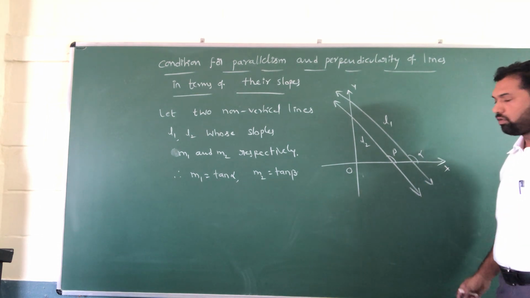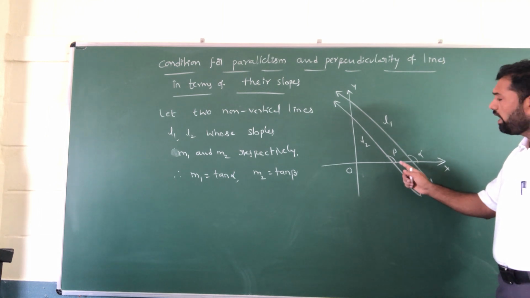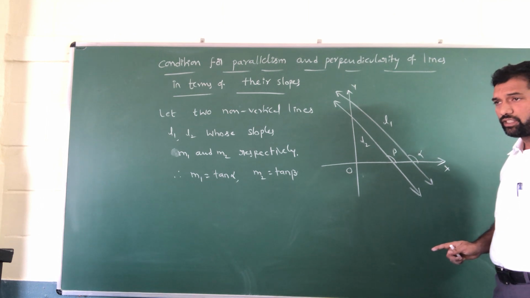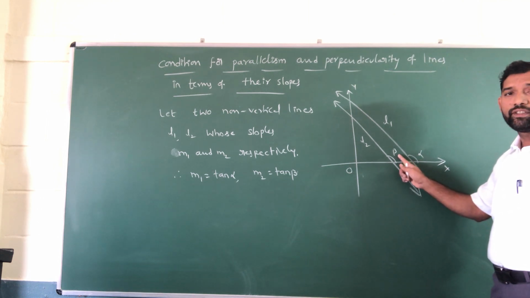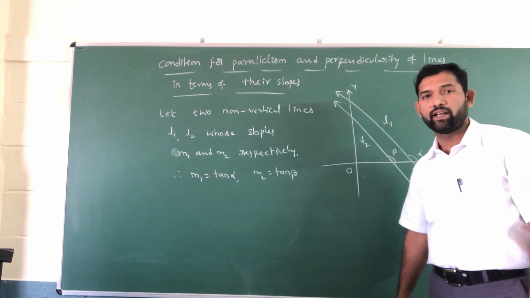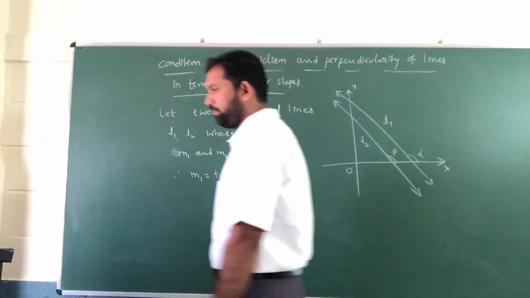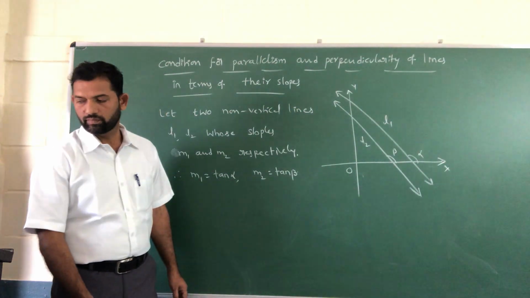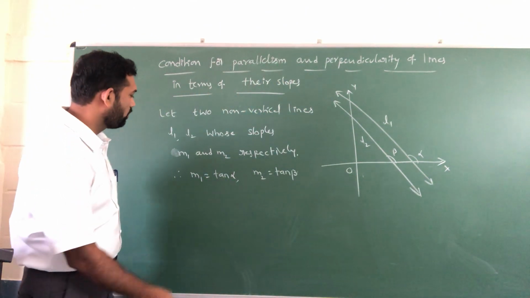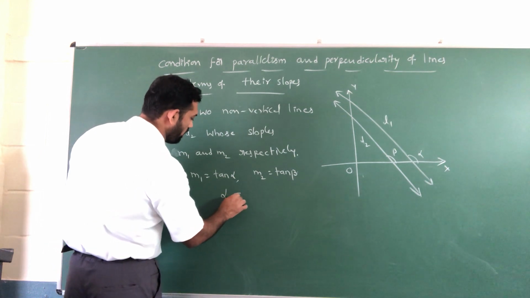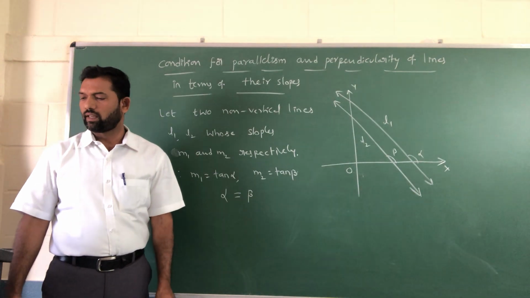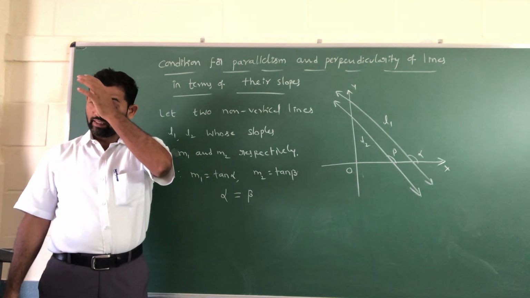Similarly, line L2 also makes angle beta with the positive direction of the x-axis in the anti-clockwise direction, so m2 is equal to tan beta. After seeing this, alpha is equal to beta, both are same. Why? Alternate angles are equal, hence their inclinations are equal.